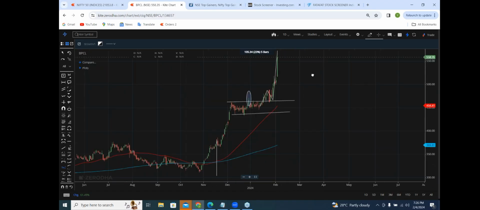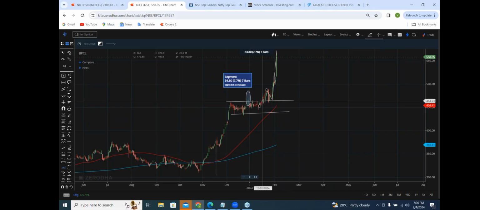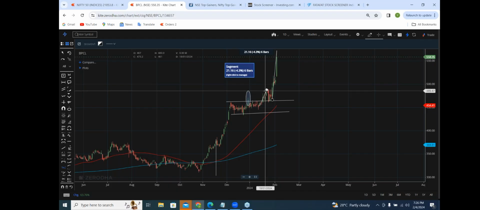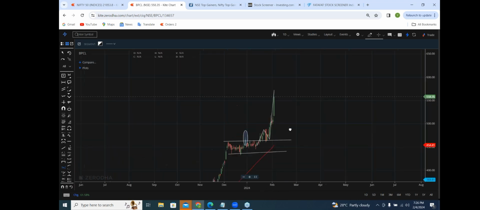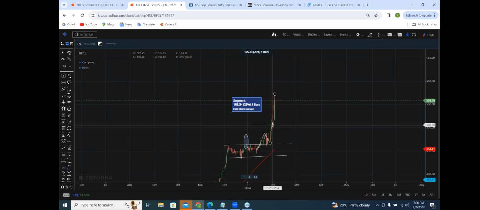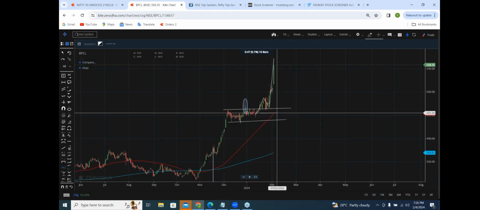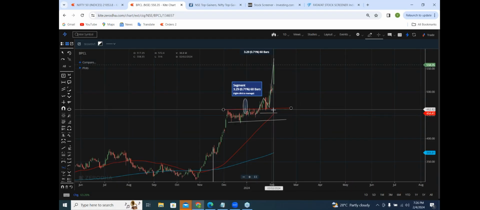I'll tell you why. See, just to break the resistance, they would have spent a lot of money. Once they break that resistance, they want to book some profit and take some rest. So once it is trying to retest, it is as good as resting on this particular level, then there will be a beautiful move, 23%. And you can just keep a stop loss somewhere below this, and it will help you a lot.